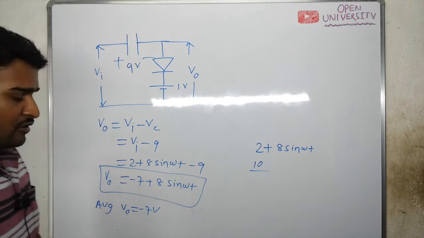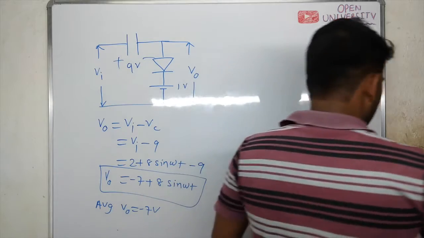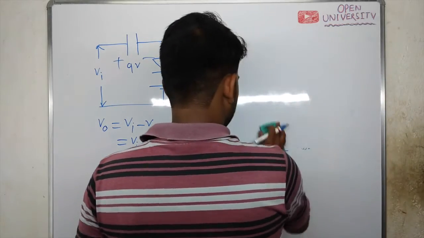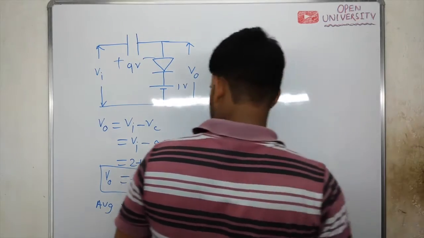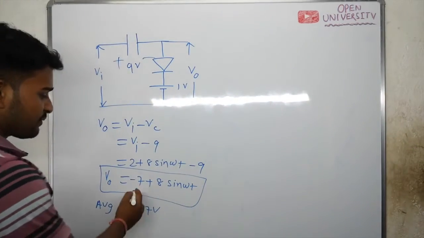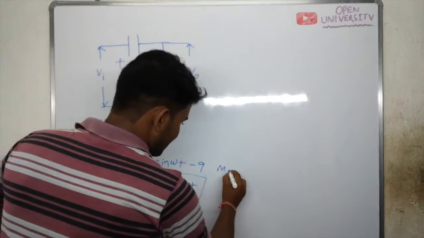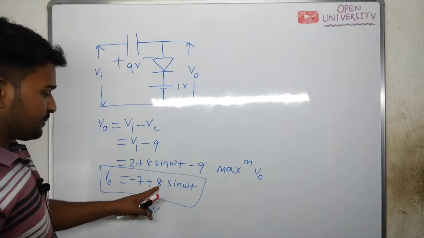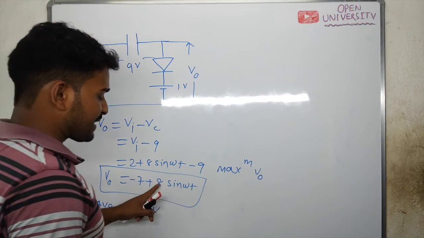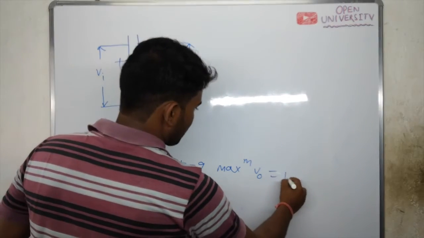And it is also asked to plot the output waveform. How to plot the output waveform? By looking at this, what is the maximum value of output? Maximum V naught is minus 7 plus the maximum value of this signal, 8. Minus 7 plus 8 will be 1 volt.